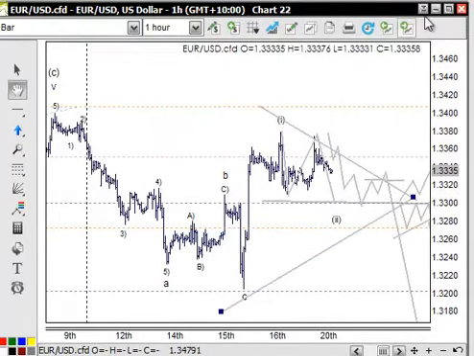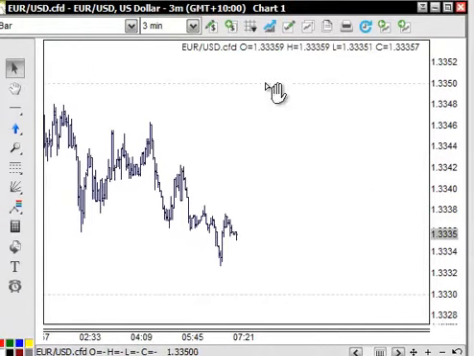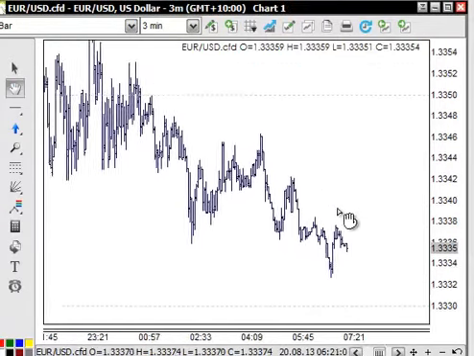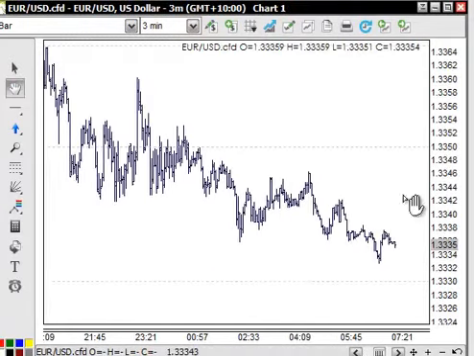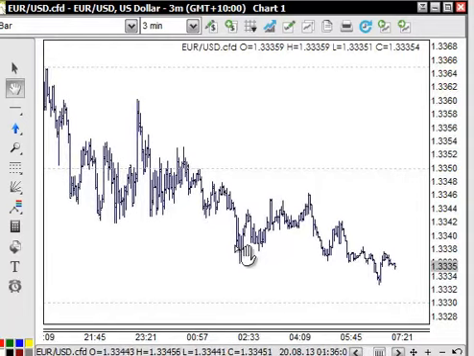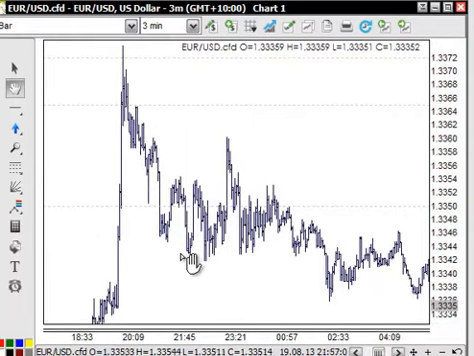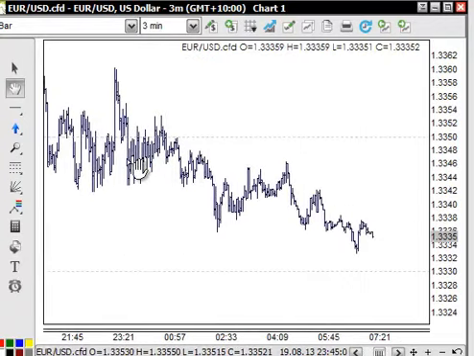So in the meantime, if that support on the 50 here, this is just on the 3-minute chart here, becomes the support next time around, then you can go from that point there, because I'm just counting this here. This is obviously down for 1 here, an A and a B and a C for 2 here, and then down for 1, back for 2, down for 3, back for 4, and down for 5 here.